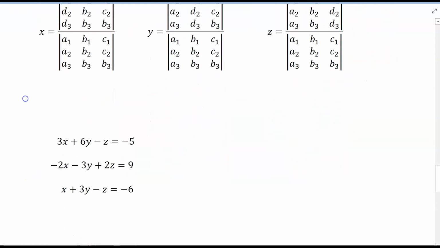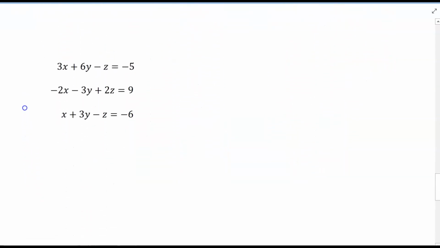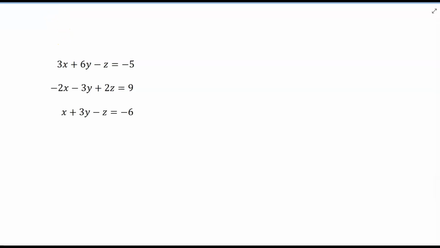So let's take a look at this system right here and make sure that we have each of our 3 equations in the general form. We have the x term, the y term, the z term equals the d. Okay, x, y, z equals d. X, y, z equals d. Good. All 3 are in general form and they are ready to go.